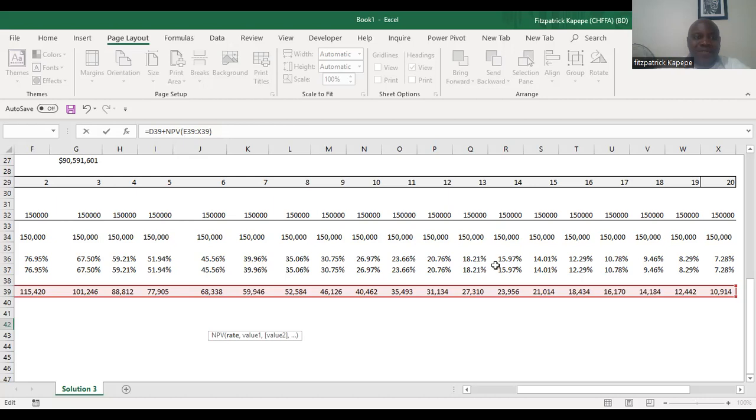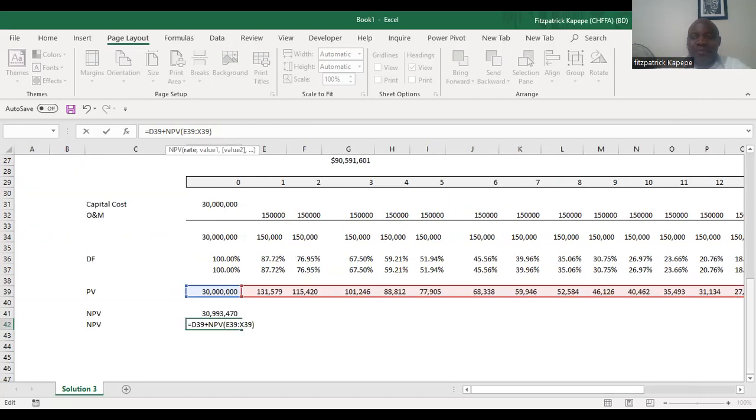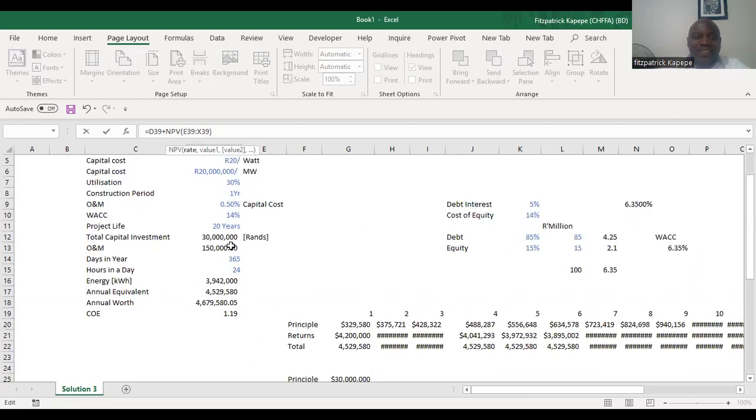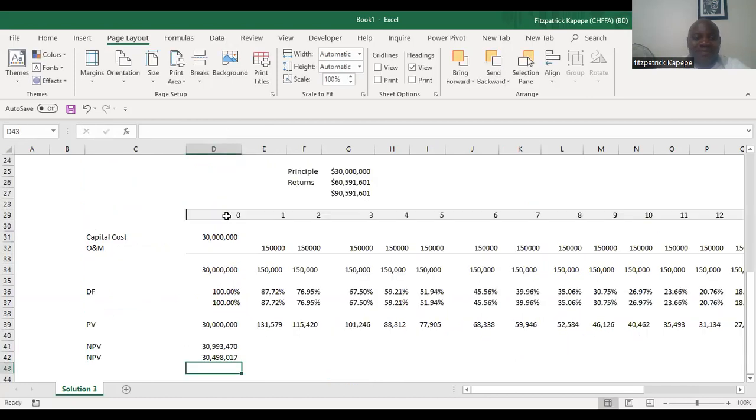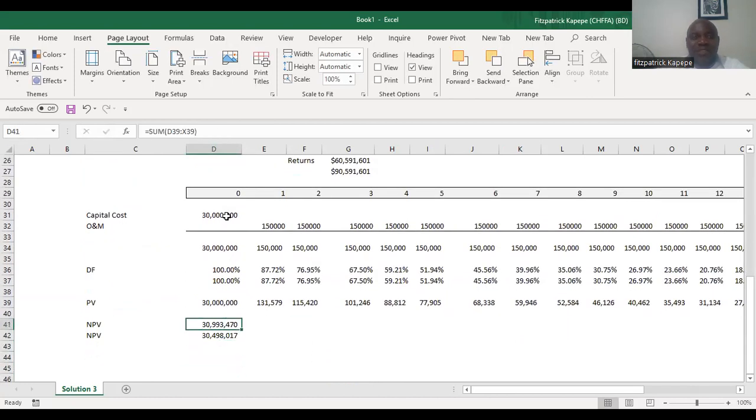Sorry, I forgot to put the rate. I thought it was internal rate of return. So I'll do it like this. So there's a difference. You know where this difference is coming from.